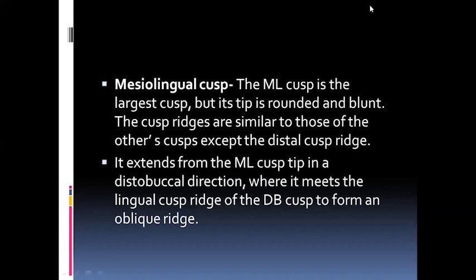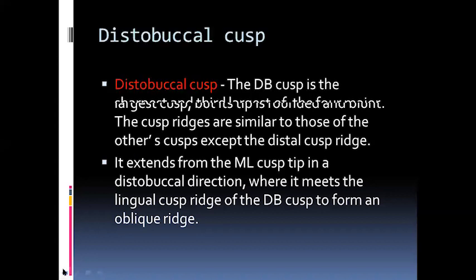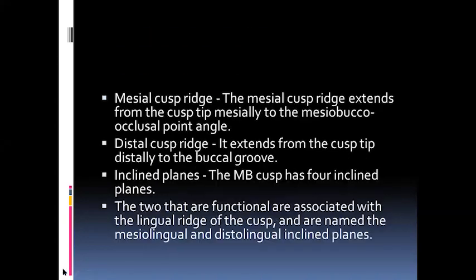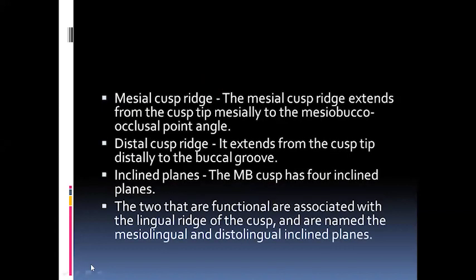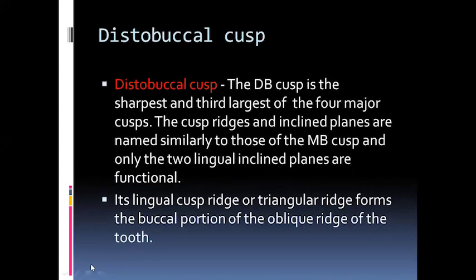Mesiolingual cusp. Distobuccal cusp. The distobuccal cusp is the sharpest and the third largest of the cusps.